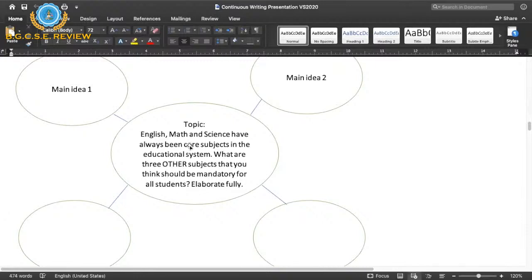Everyone right now should be writing. I want you to put a circle in the middle of your book, big enough whereby you can write the topic. After you have done that, I need you to do these outer circles whereby you have main idea number 1, number 2, number 3, and number 4. I'm going to give you 2 minutes to do that.